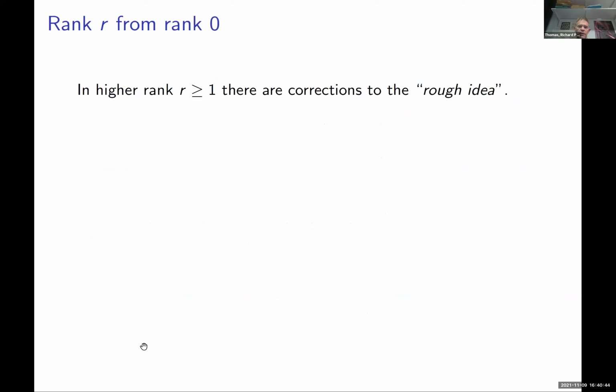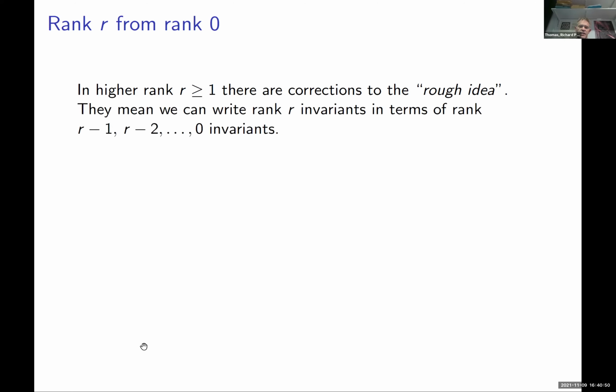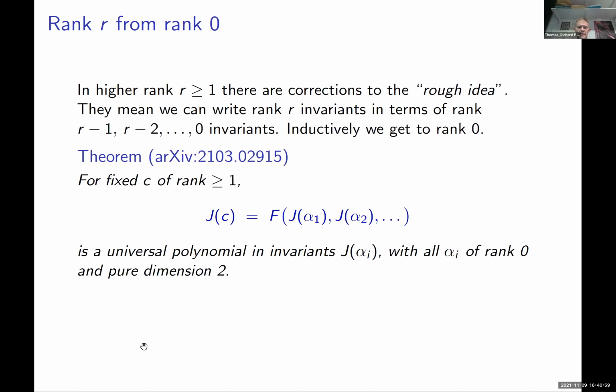So let me get back to what we really care about, which is writing rank R invariants in terms of lower rank. Okay, so now we get corrections, and that means we write the rank R invariants in terms of rank R-1 and all this kind of shrapnel in lower ranks. And so inductively, you can get to rank 0 and you prove this result. That's probably the second paper on the first slide.